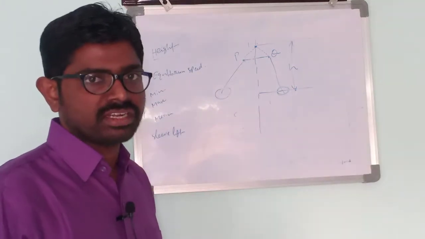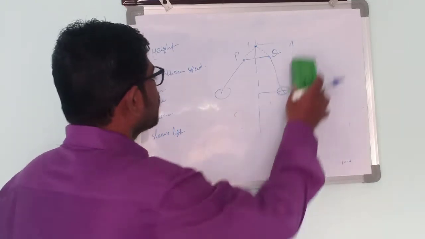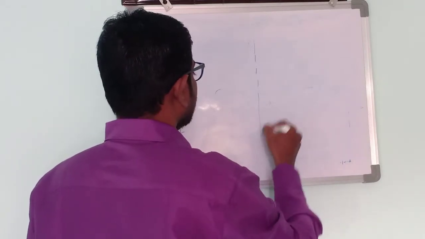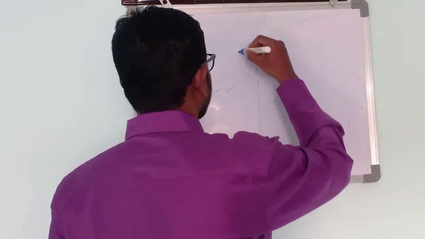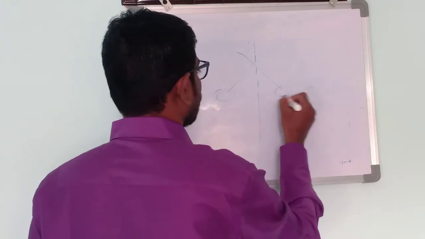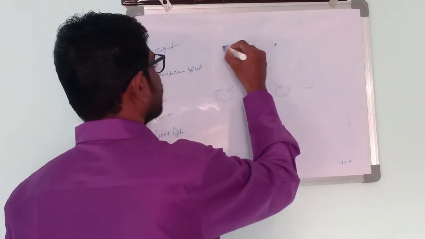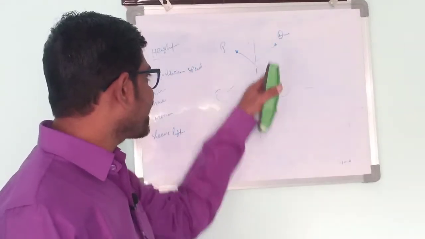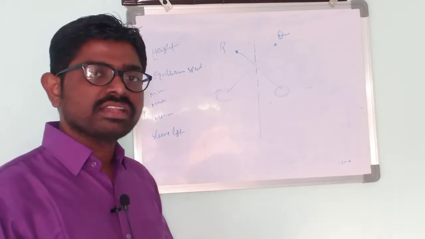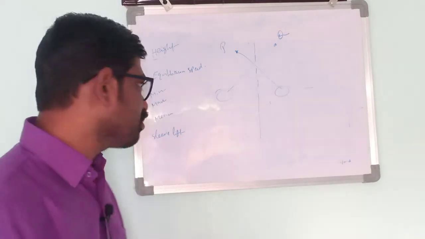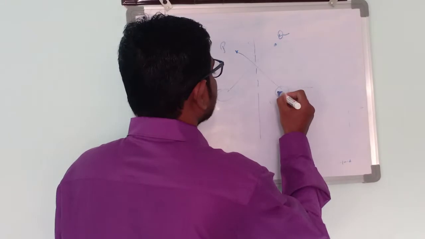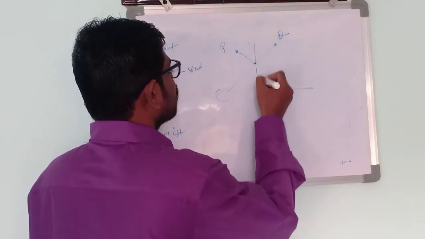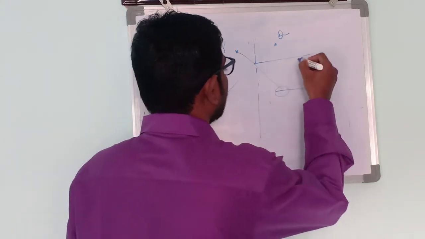That is based on the design of the governor. Sometimes the governor design may be like this. Assume this is the spindle axis, and the governor's original design is like this, where the two arms are extended. In such a case also, the height of the governor is the vertical distance from the center of the ball to the point where the two arms are intersecting on the axis of the spindle.